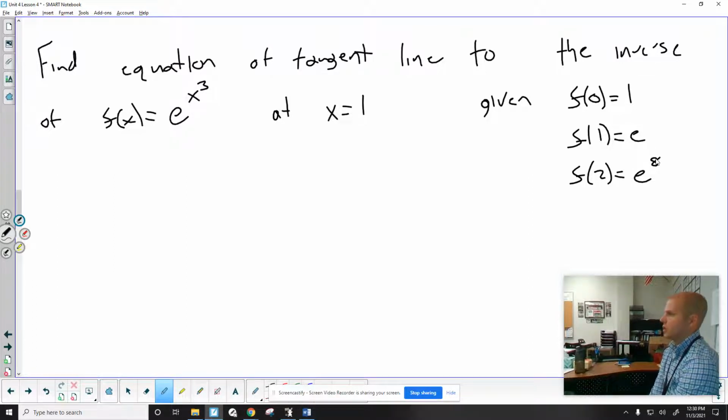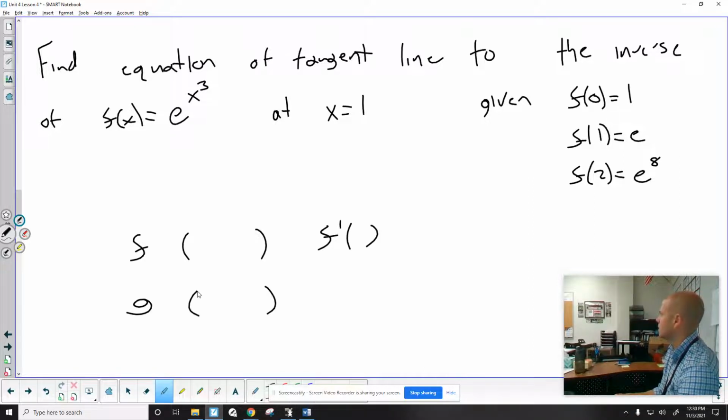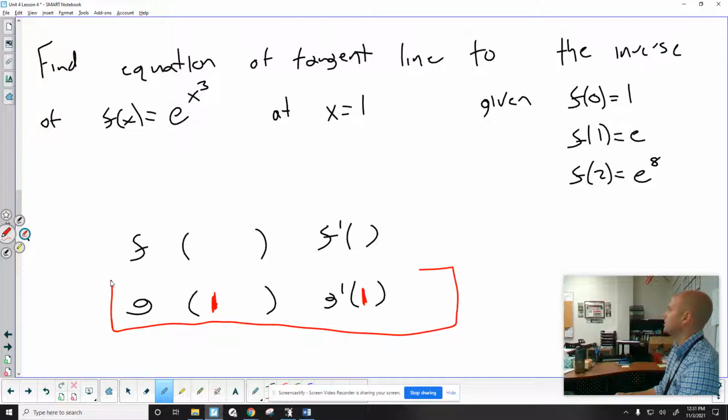Now, just so that there isn't any confusion, in my table, we are talking about the inverse at x equals 1. I want a 1 there and a 1 here. Your equation will come from this information.